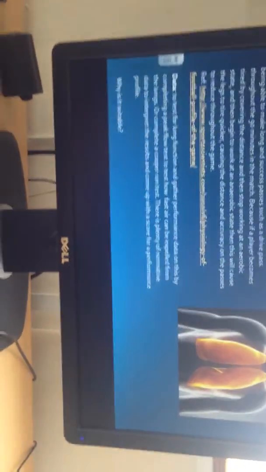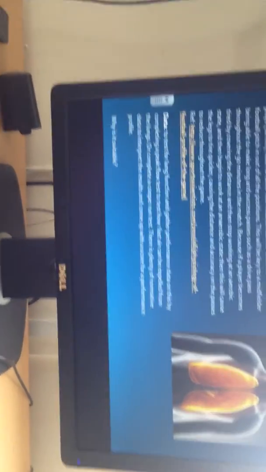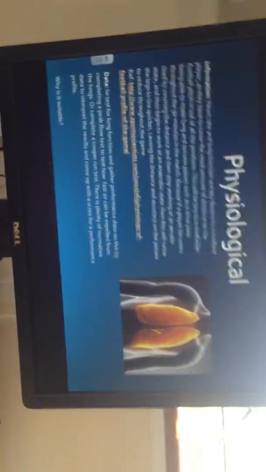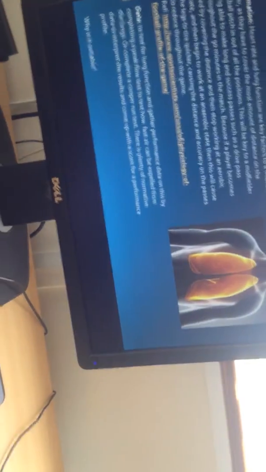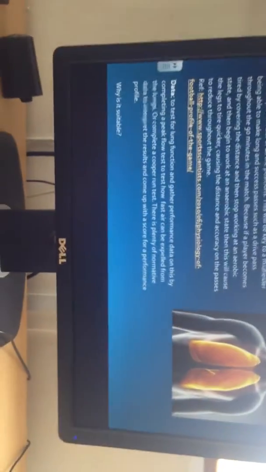Another test which we can do, which is cheap, simple, very easy, is the Cooper run test, where you get someone to run for 8 minutes and see how far they can run over that amount of time, and there's plenty of normative data on all of these tests.